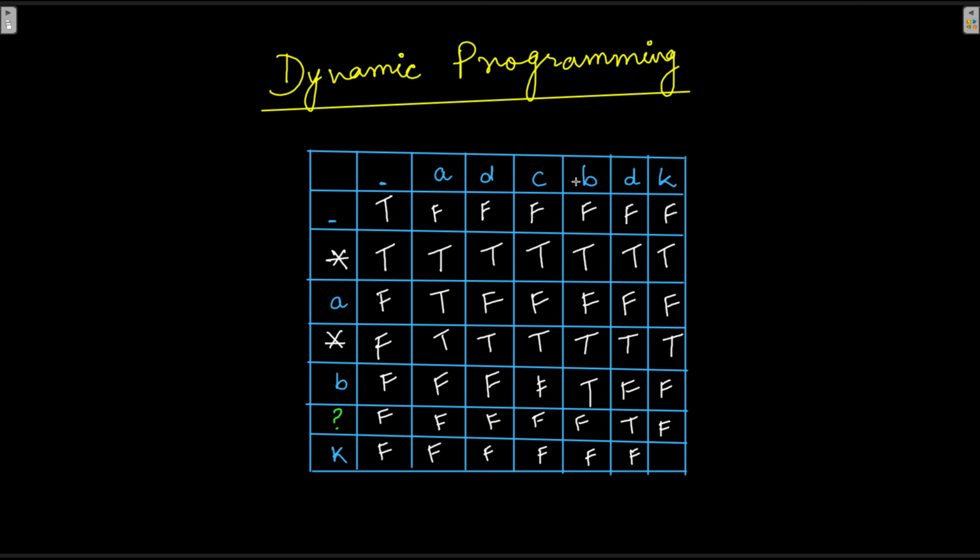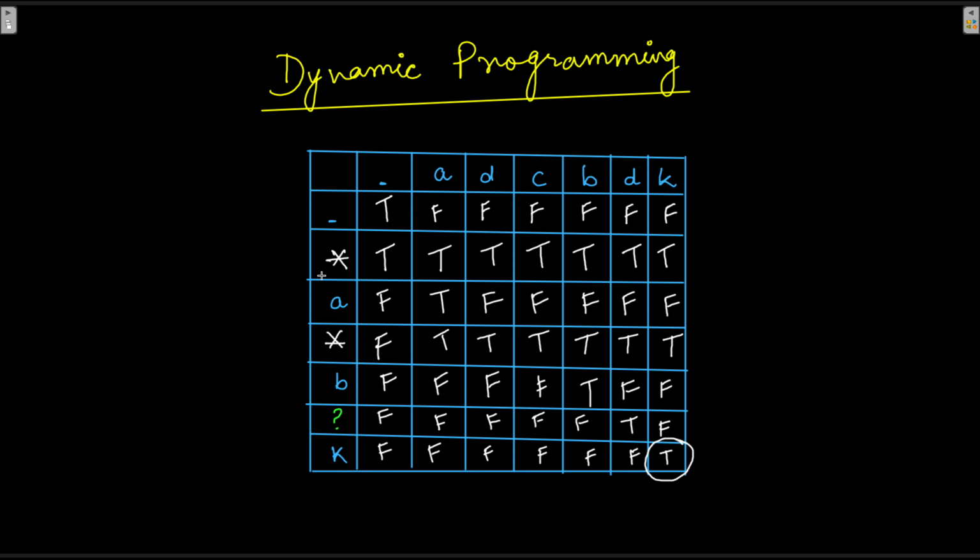A, D, C, B, D is a match for asterisk A, asterisk B, question mark. Because that is a match and K versus K is a match, that's why this is also going to be a match. And this cell contains our final answer. So we can say that for this particular string, this pattern can give us a true result.